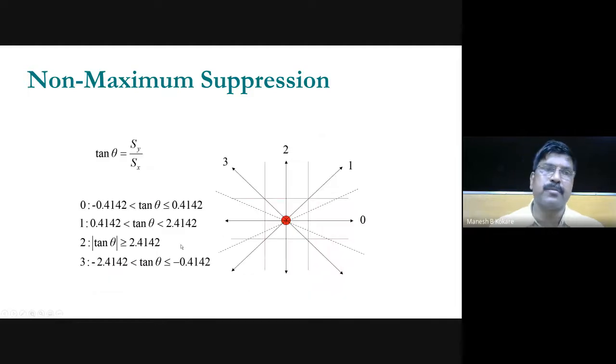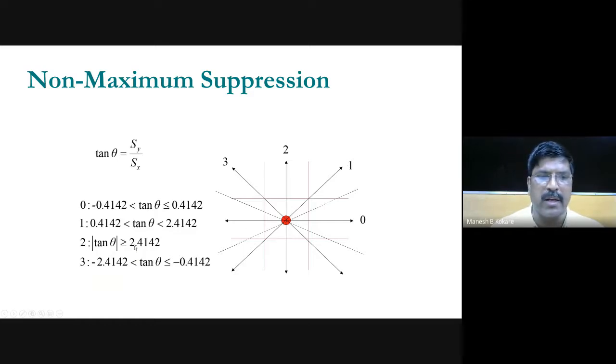Now, for angles, it is also handled in the same way. Take tan theta equal to Sy by Sx. If tan theta is between -0.4142 and 0.4142, then this pixel will be considered as edge direction 0. If it is in the range 0.4142 to 2.4142, it will be considered direction 1.